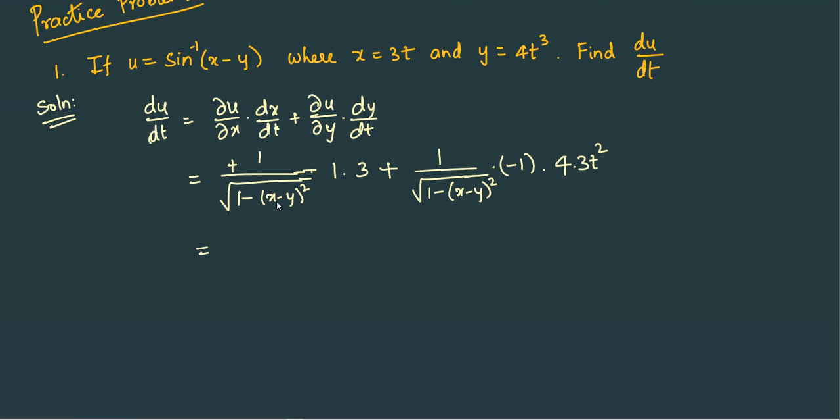So we have 1 by 1 minus (3t minus 4t cube) whole square times 3 minus 12t square.